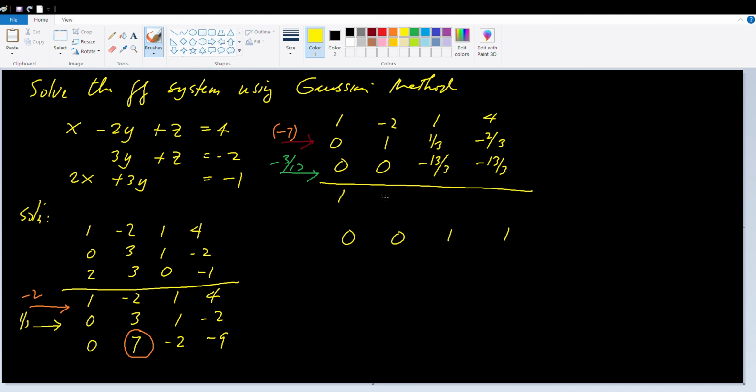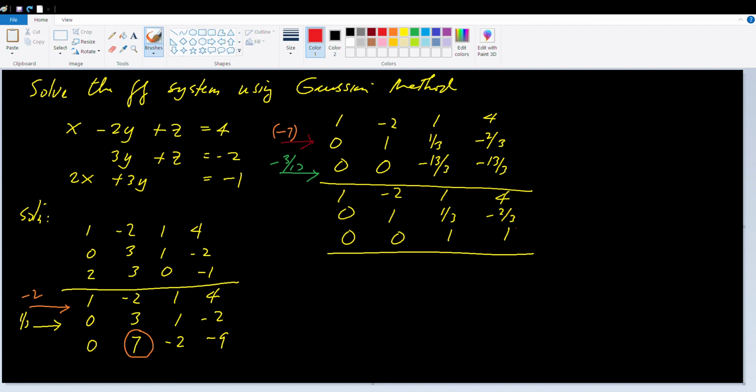So let me rewrite the first two rows. Okay. So this is now an upper triangular matrix. No? It's an upper triangular matrix there. Actually, it's the first three columns. This one. There. It's an upper triangular matrix.